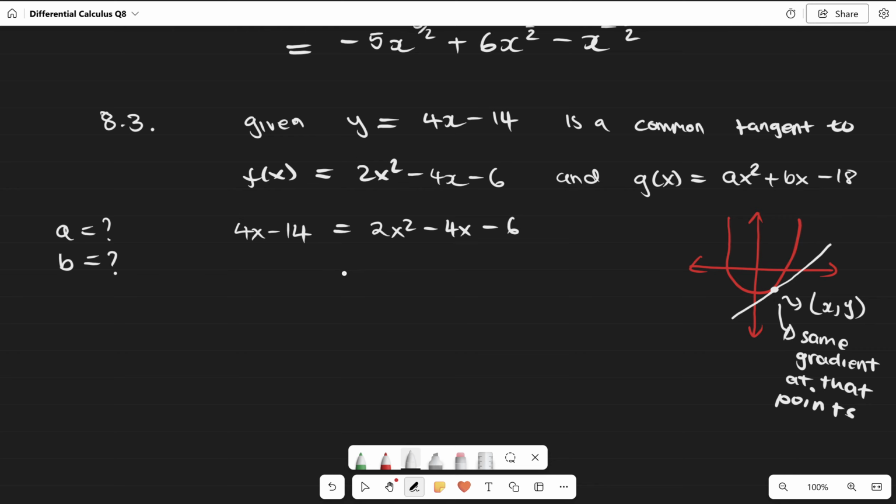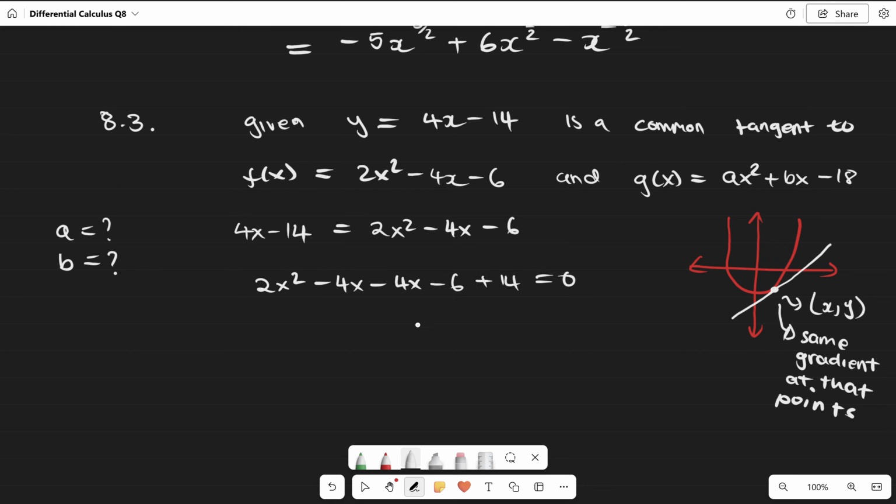And if we try to simplify that, you can say 2x squared minus 4x and minus 4x again. So I'm just taking everything to that side, right? So minus 6, this is the minus 6. Then we take the negative 14 to that side, it's going to be positive 14, right?